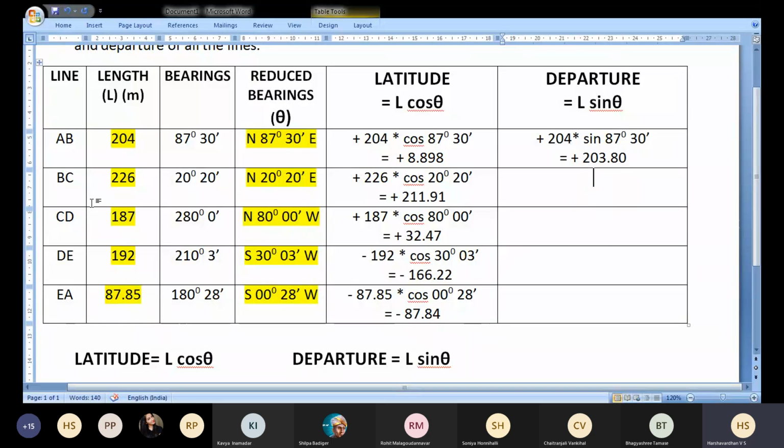Okay, next line BC. For BC, the reduced bearing is northeast. Hence, the line is eastwards and departure will be positive. Length is 226 and sine of reduced bearing 20 degrees 20 minutes.